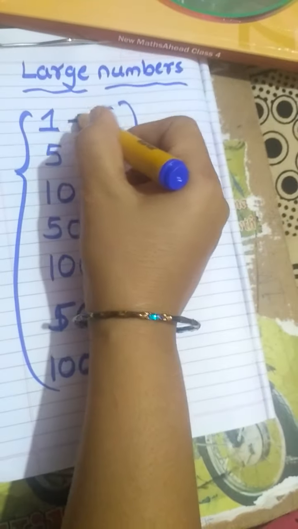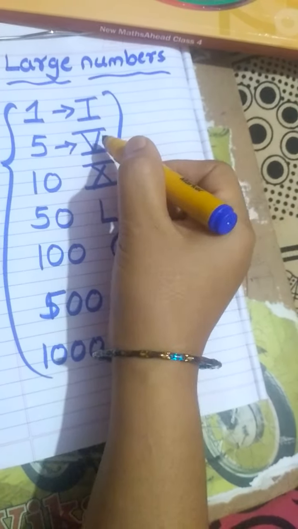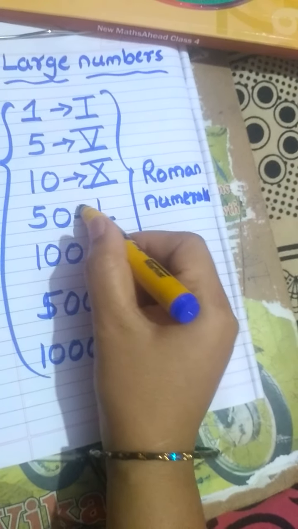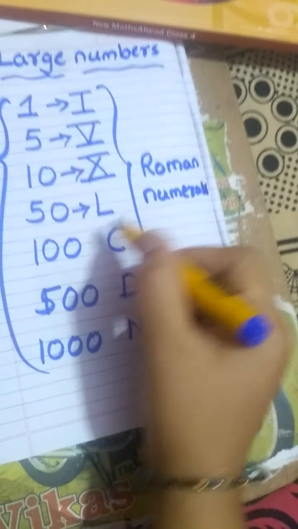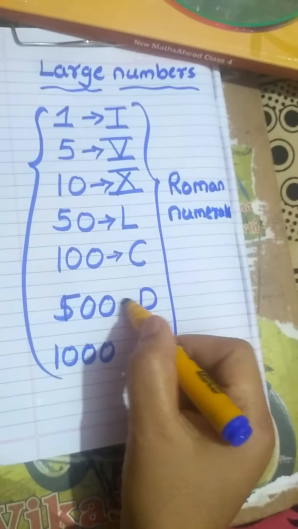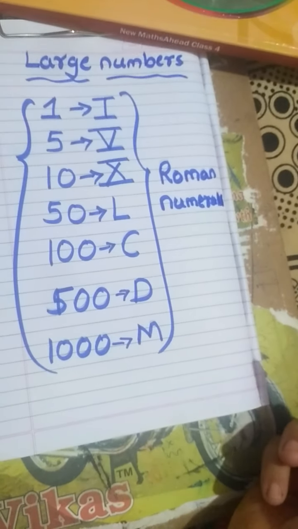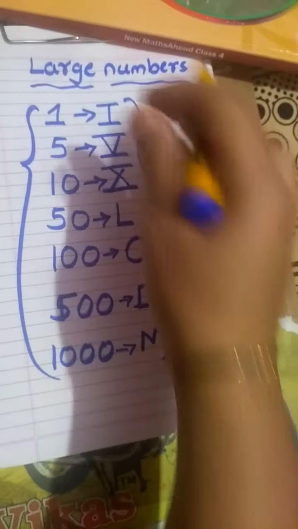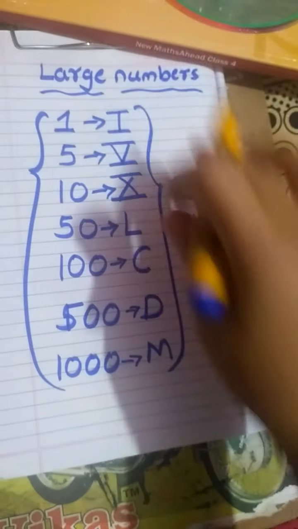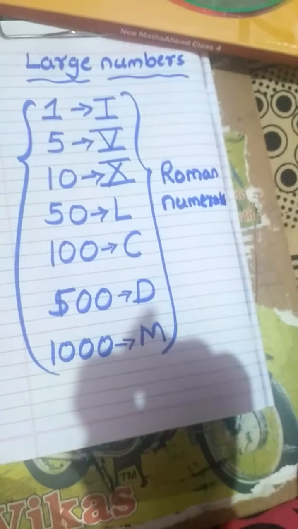So for 1, we use capital I. For 5, capital V. For 10, capital X. For 50, capital L. For 100, capital C. For 500, capital D. For 1000, capital M. So by using these only we can write the numbers in the Roman system.